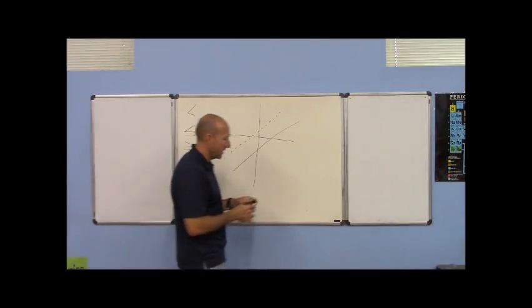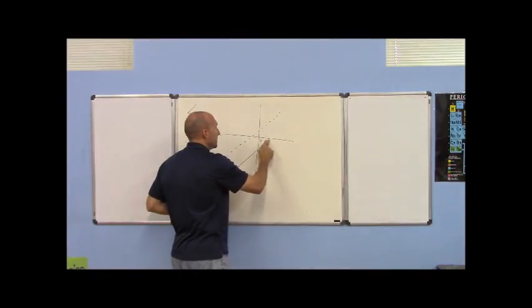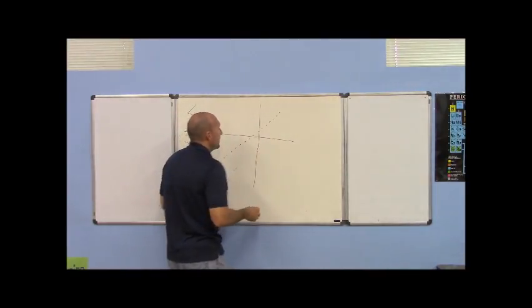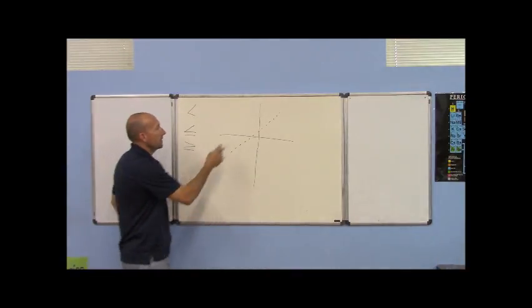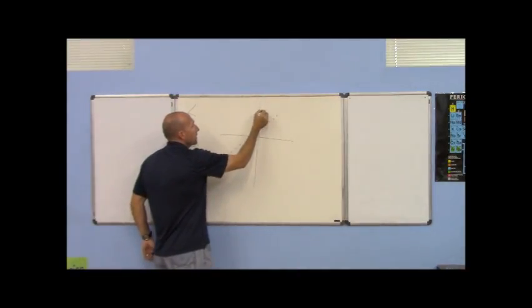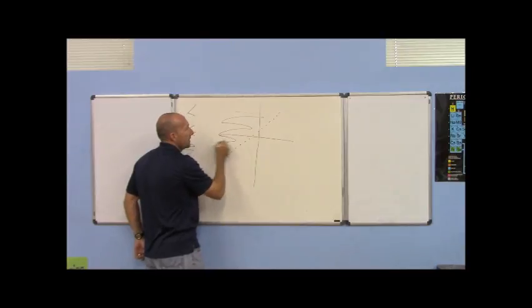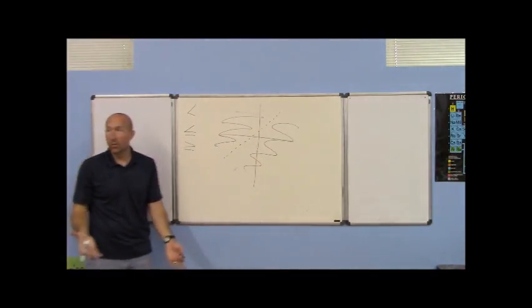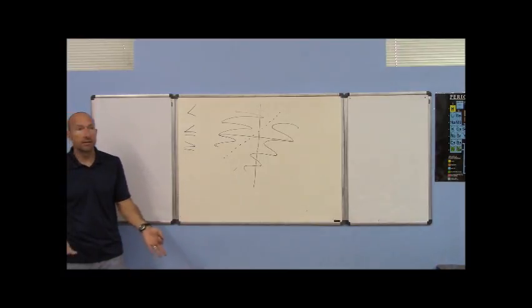So what this means is, if we have the dotted line, then the answer will be somewhere on this side, or it could be on this side. How do we know which one it is?